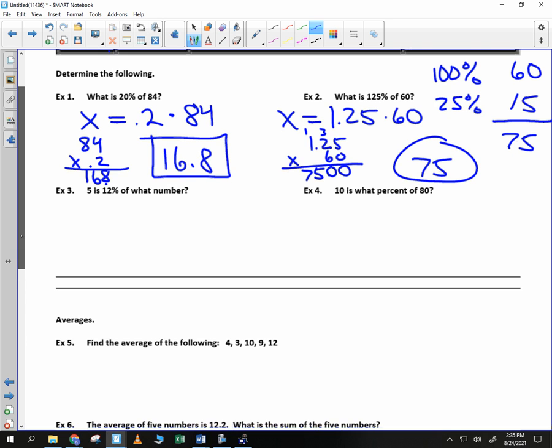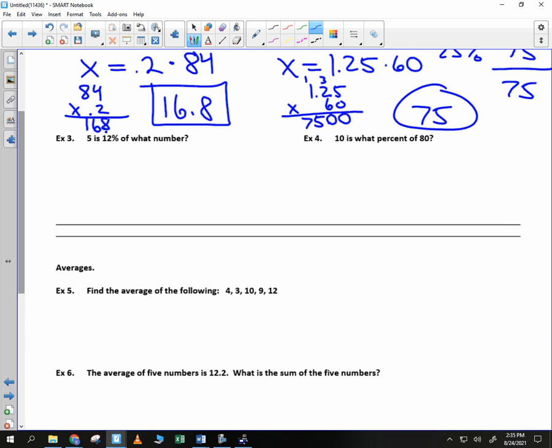All right. 5 is 12% of what number? Let's write that as an equation. 5 equals 0.12 times x.